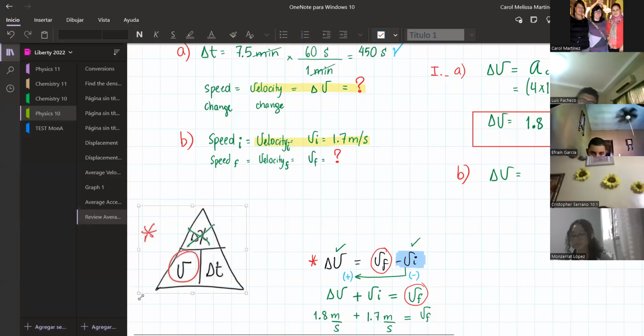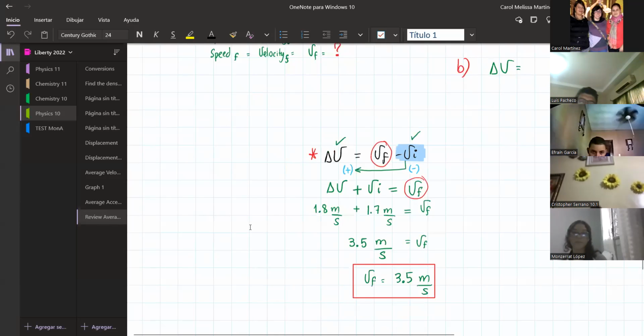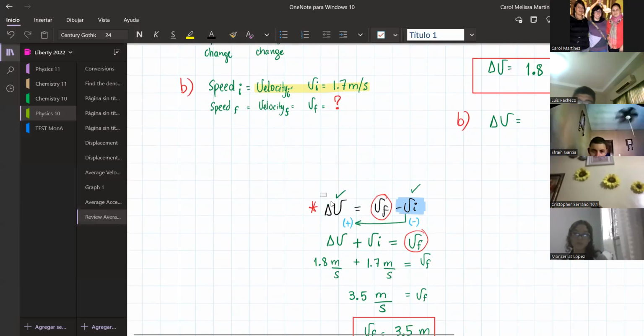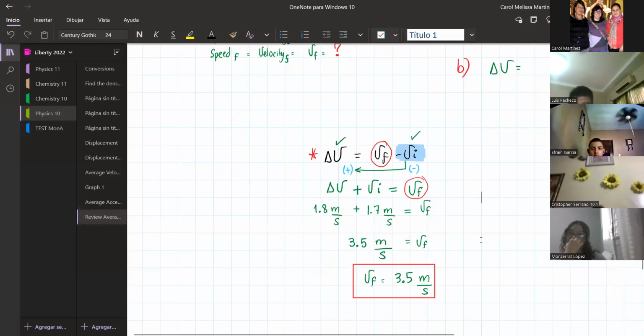So we don't use it. What do we use instead? The main definition of change in velocity, which is final condition minus initial condition of velocity. In the isolation process, VI was subtracting, so it goes to the other side to add. Once you add the two of them, you get the right answer.